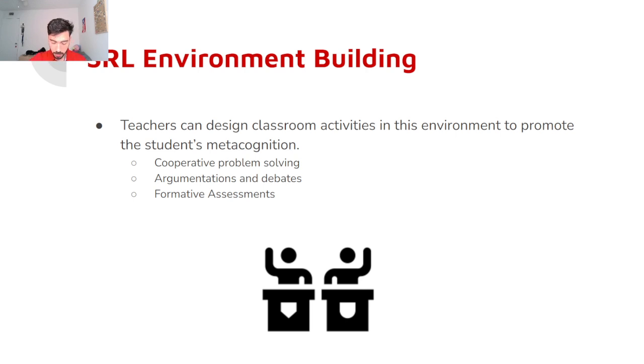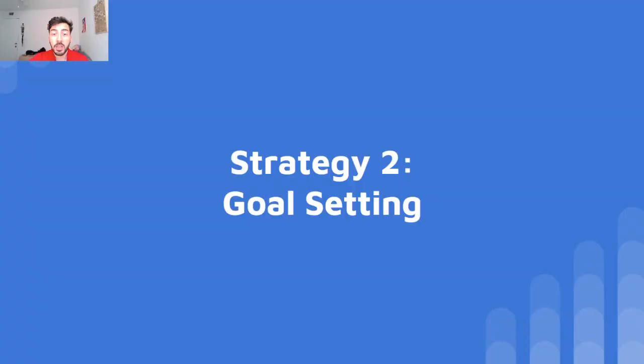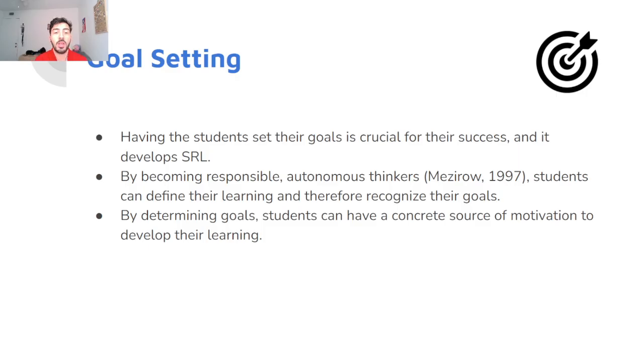The second strategy is goal setting. So for goal setting, pretty much is by having the students set their goals. This is pretty crucial for their success. It develops SRL.